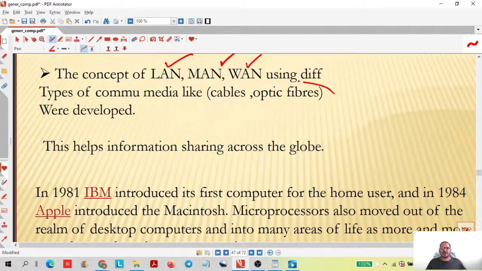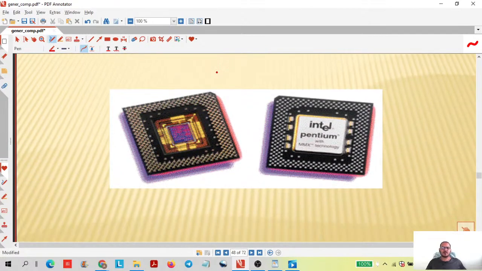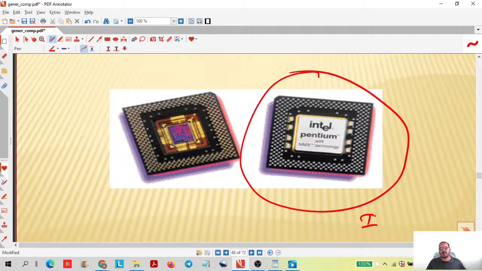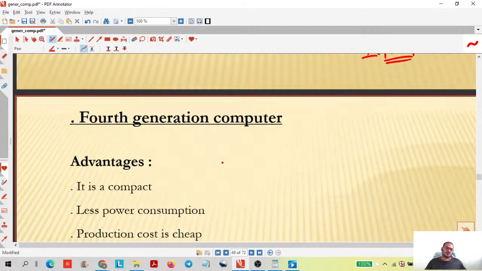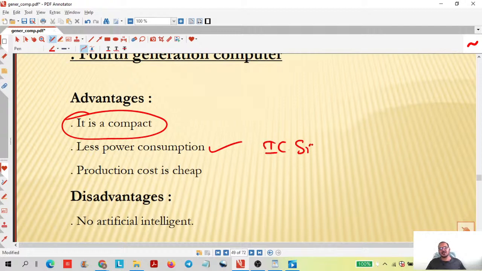So these networking concepts were also introduced in the year 1981. That is the fourth generation computer, and I think you people know this one. This is the processor, Intel Pentium processor. You know these Intel processors, right? The fourth generation advantage is that it is compact with less power consumption because the IC size is reduced.